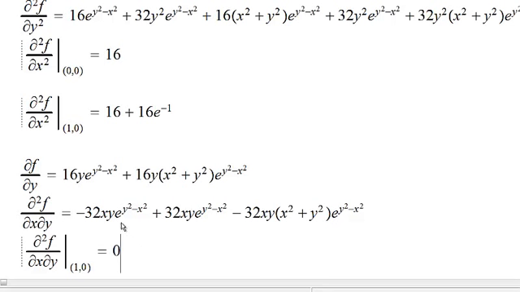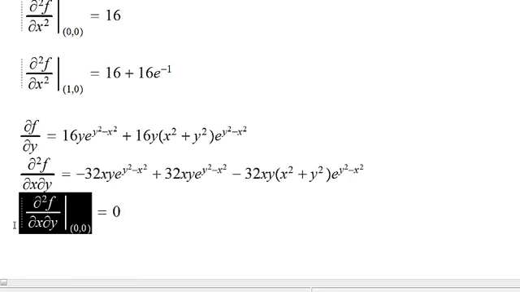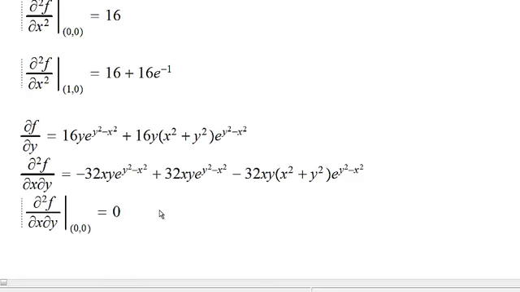Why? Because see y is, oh no, first let's get it at 0 0. One second. At 0 0 everything will be 0, right? What gives you 0? This one gives you 0. No, because I'm substituting x equals 0 and y equals 0. Are you with me? Okay. So that's this. And then the other guys will be 0 as well, right?